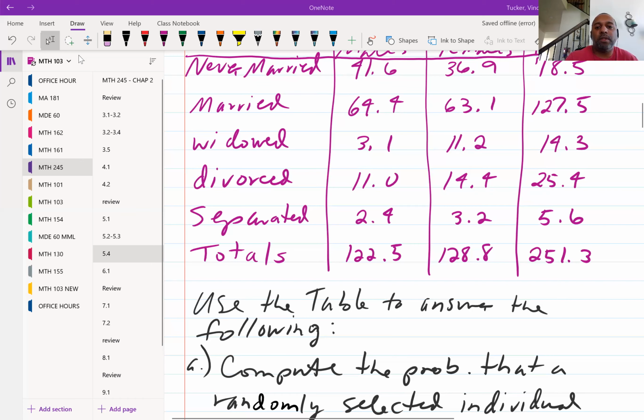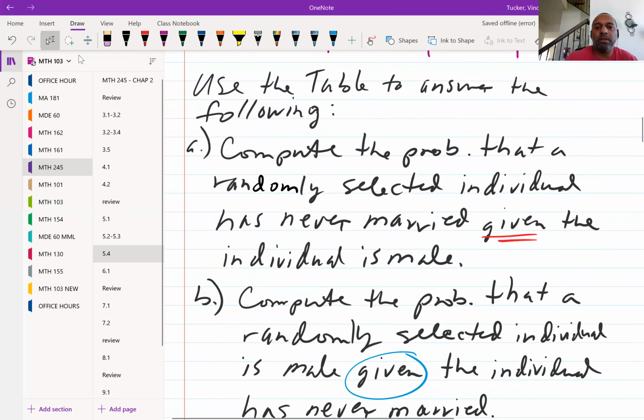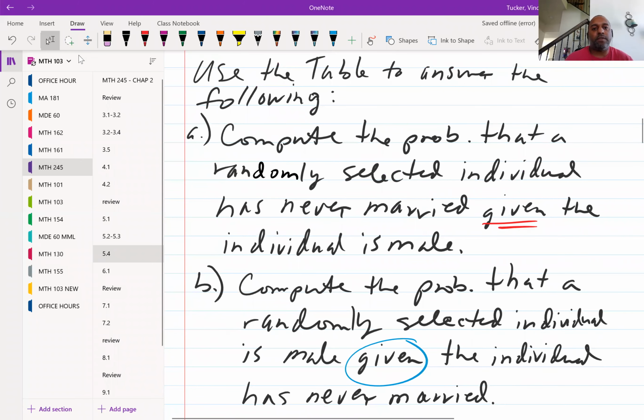The second one, compute the probability that a randomly selected individual is male, given the individual never married.